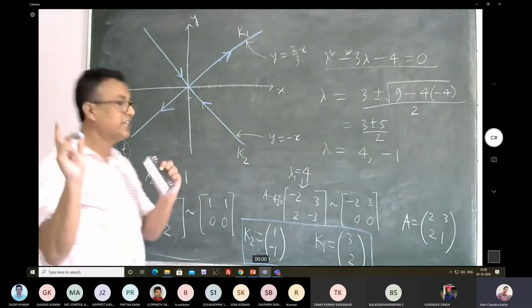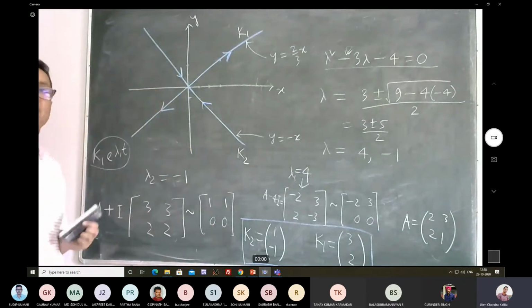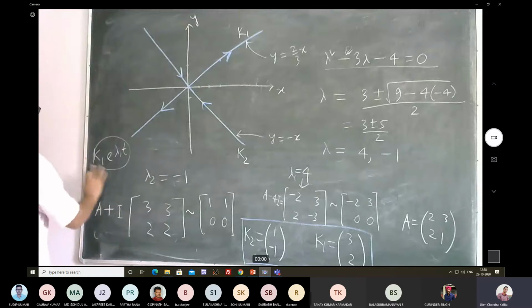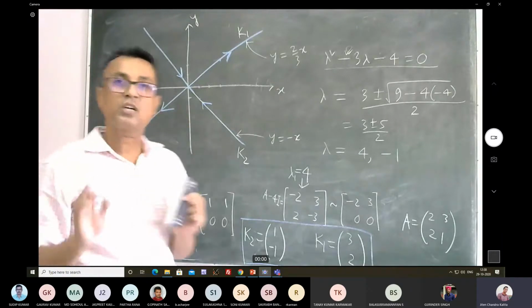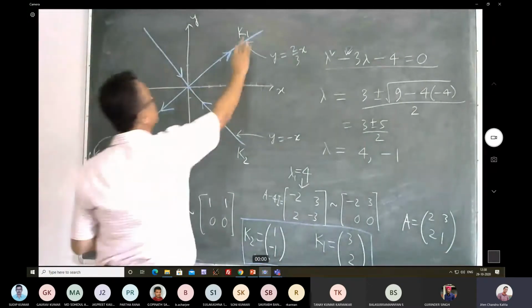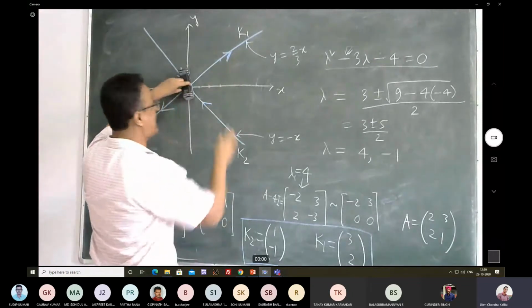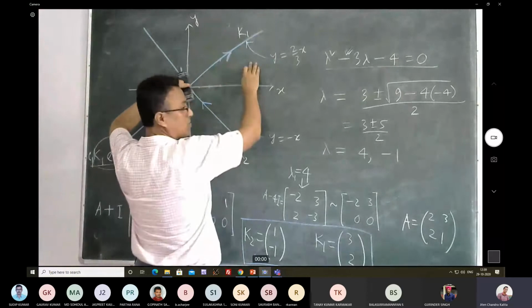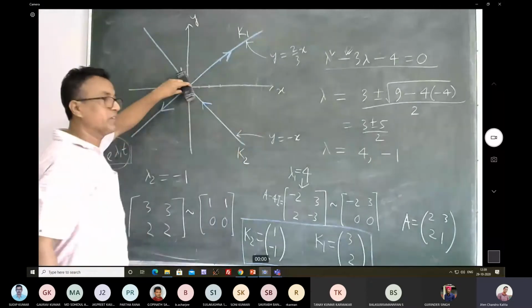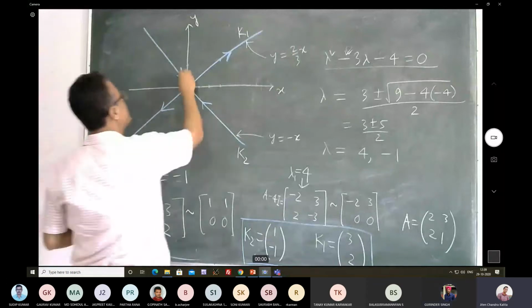Fine. And I told you earlier, at the very beginning, about the roles of the constants C1 and C2. Now just look at it. Suppose I take this combination and multiply it by C1. I explained to you the concept of half lines. If C1 is positive, consider K1, my x and y are always going to lie in the first quadrant.